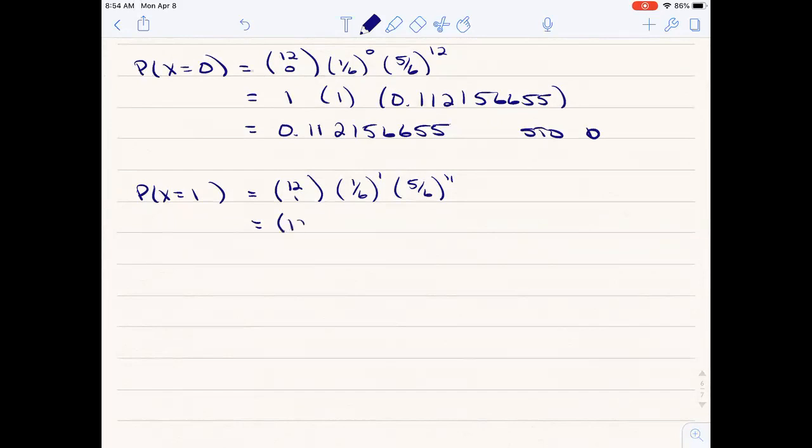So 12 times 1 over 6, and then 5 over 6 to the power of 11 is 0.134587986.